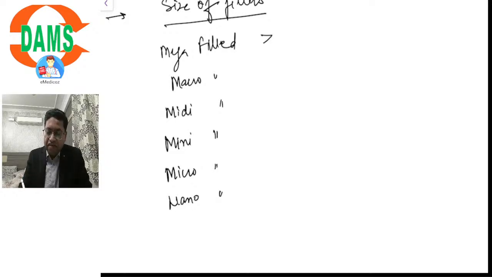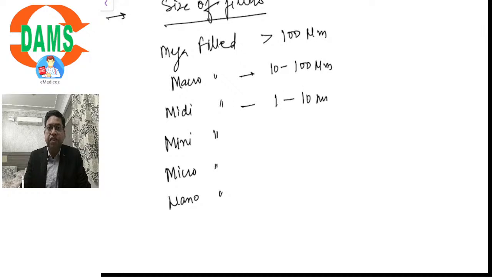If we look at the size, mega-filled are quite large, more than 100 micron in size. Macrofilled are in the range of 10 to 100 microns. Midi-filled are 1 to 10 micron in size.